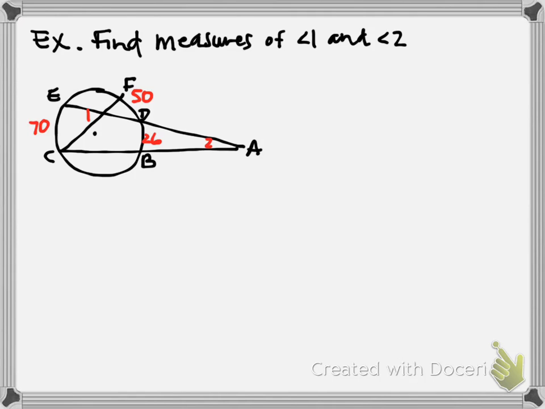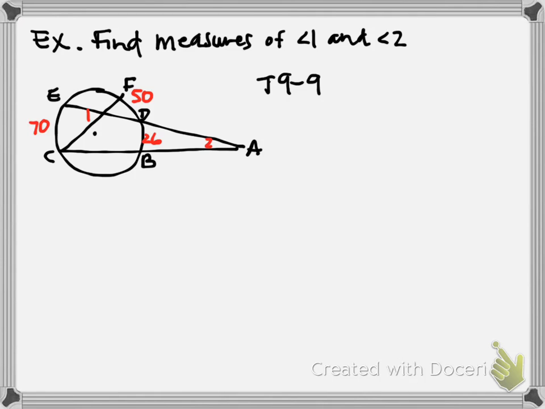Okay, so looking at this, we have enough information to solve both of them using both theorems. Okay, so Theorem 9.9 says, if I have two chords that intersect inside a circle, so we're looking at chord CF and chord DE, the angle that's formed, which would be angle 1, is going to be half the sum of the intercepted arcs.